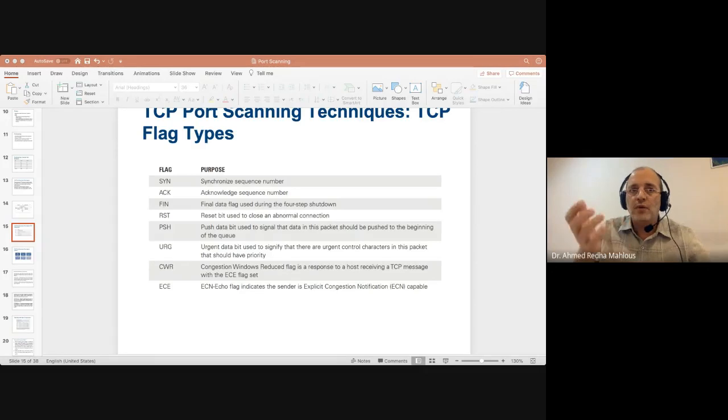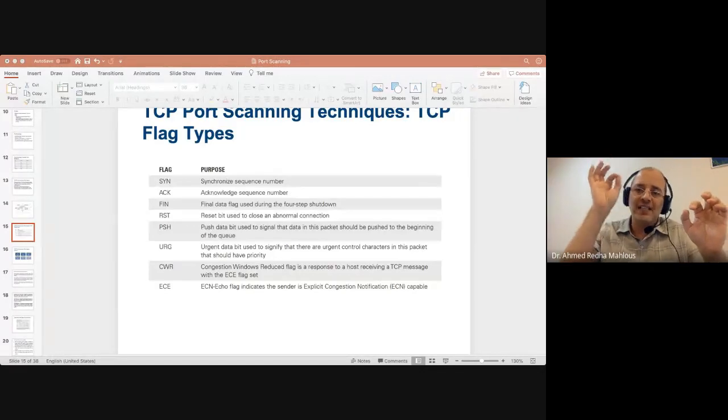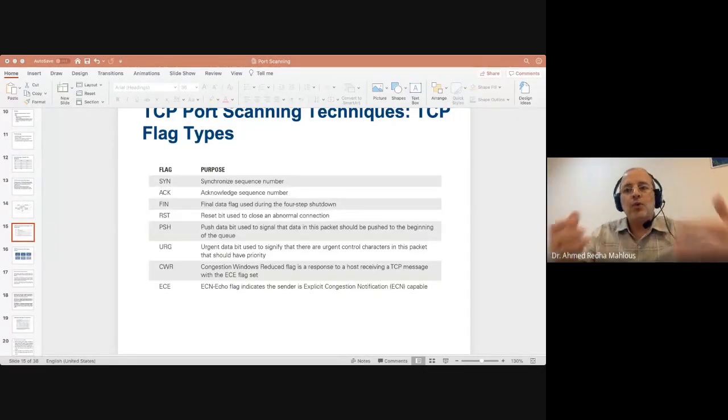This is the window size. If the window size is 10, I will send you 10 SYN packets and wait until I receive 10 corresponding SYN-ACKs. Then I will proceed to the next batch of 10 packets, and so on. This is the window size.